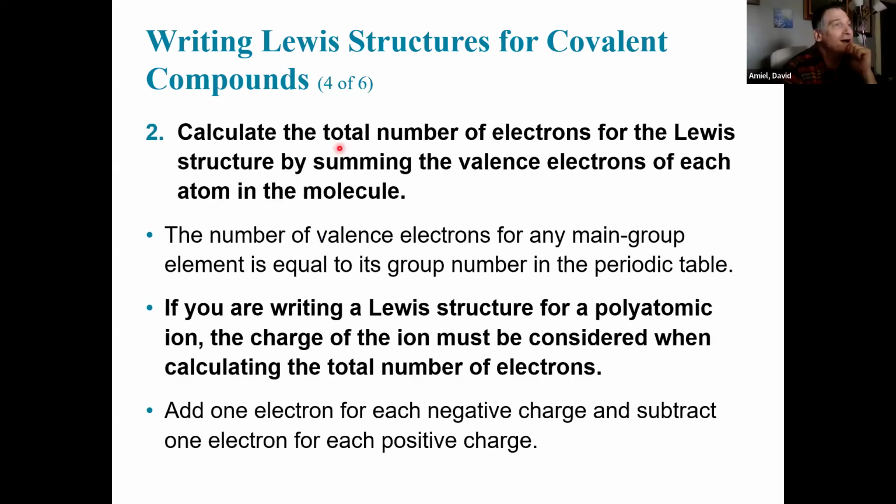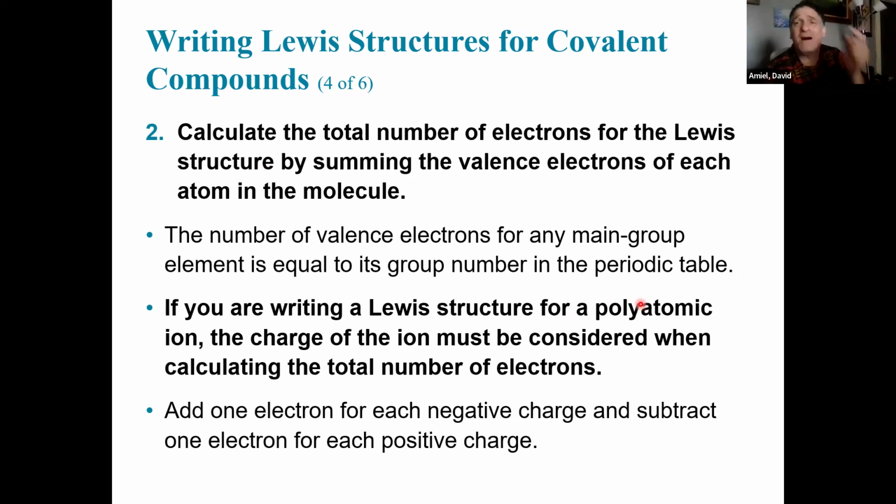Okay, step 2, calculate the number of valence electrons. So you know how to do that. You look at the group number for the main group elements and add them all up. Now, if you are writing the Lewis structure for a polyatomic, nitrate, sulfate, cyanide, all those that are on the polyatomic ions list, you need to remember the charge.